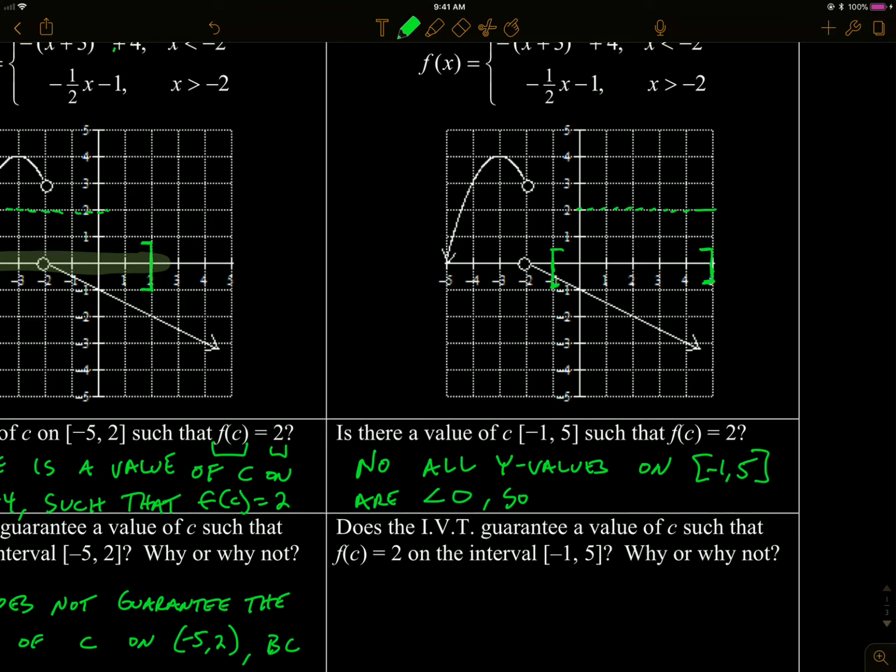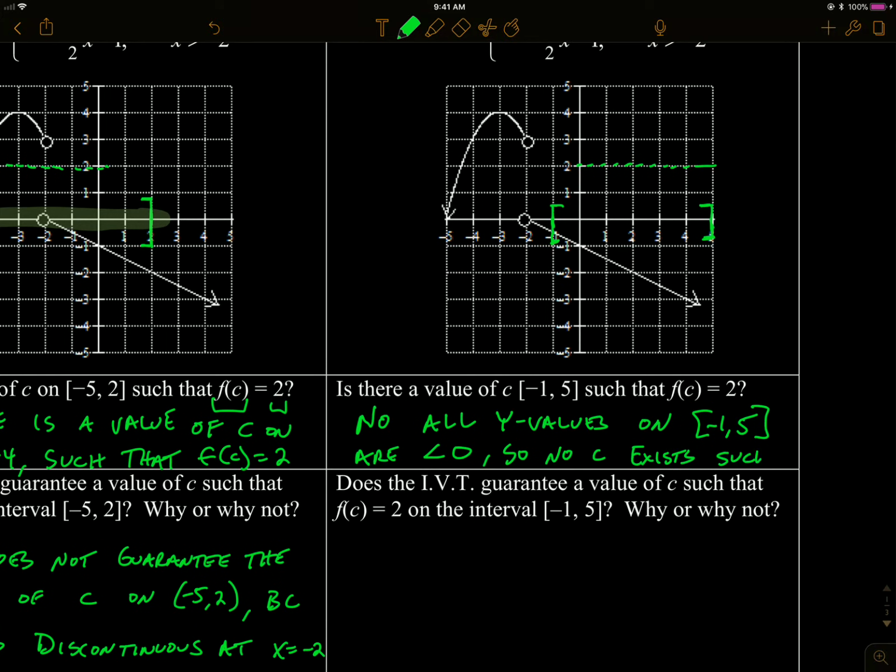So there's no way there can be a positive one, a 2, right? We don't have a y value of 2, so no c exists such that its y value is 2. The way we say that is f of c equals 2.